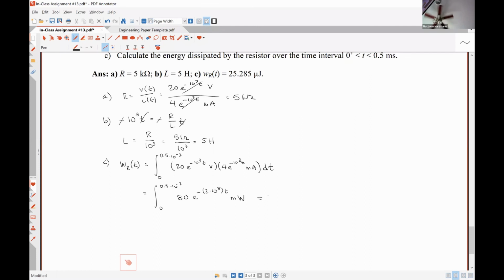Let's see. It gave me an answer I was not expecting. It gave me 40 microjoules, which is not the answer that I have there. So let me see what I punched in incorrectly.